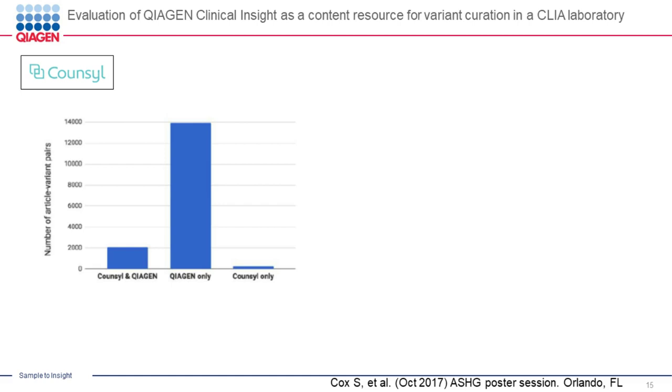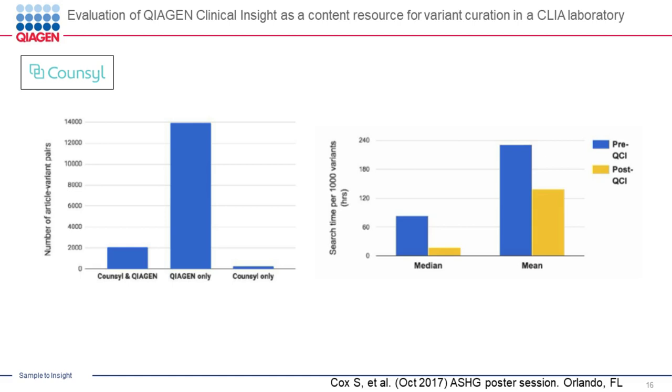They looked at around 2,000 variants they reviewed over a 3-month period, and in the graph on the left, you can appreciate the comprehensive nature of our content, where there's a large amount of overlap between our variant-specific citations and those present in the Counsel database, and in the center bar you can see there's a huge amount of unique information in the Qiagen knowledge base alone.